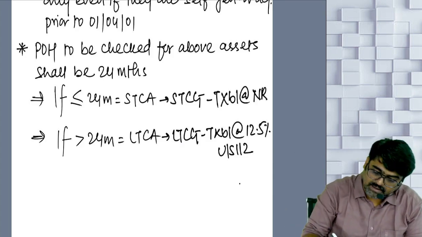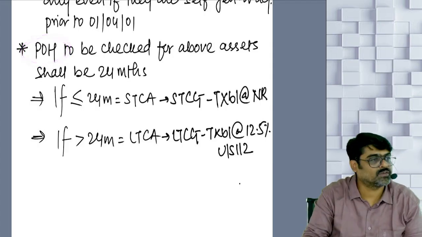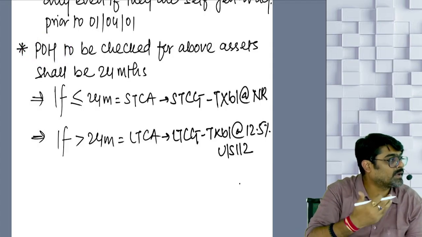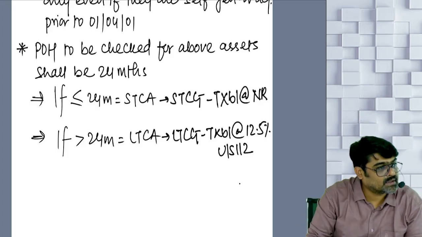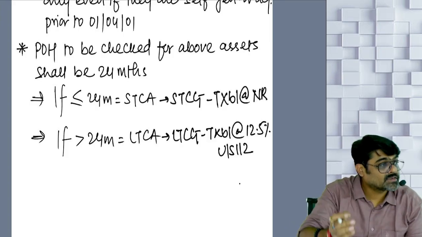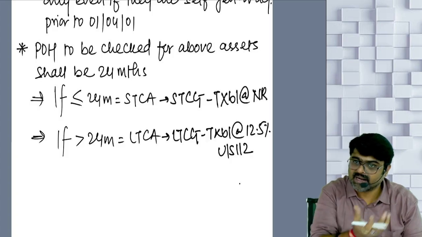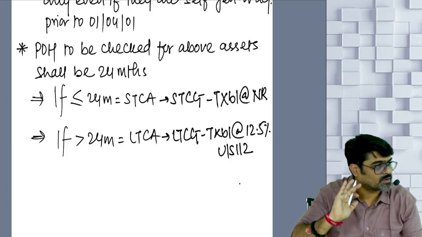At 12.5%. But the period of holding has to be checked. The period of holding has to start from the date of acquisition and end on the date immediately preceding the date of transfer, if they were acquired. And if they were self-generated, then the period of holding will start from the date on which the business was started, from that date only you have started holding it, till the date immediately preceding the date of transfer.